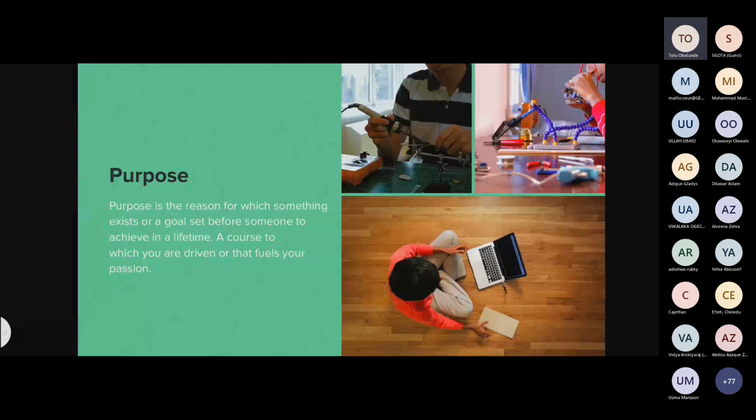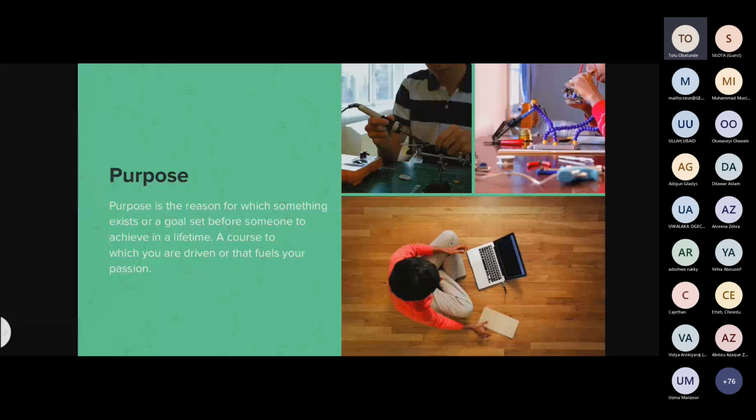When something fuels your passion, something that makes you wake up and just want to get things done, that is what we call your purpose. A purpose is exactly that thing that fuels your passion. And do not forget, purpose comes before your career.